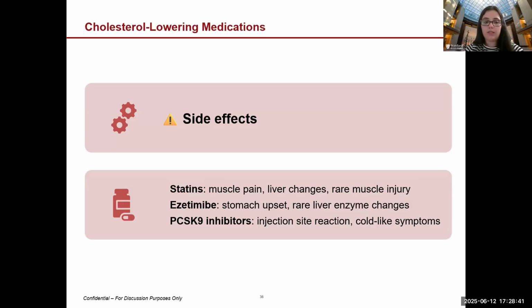And for the PCSK9 inhibitors, they can cause injection site reaction, as well as cold-like or flu-like symptoms. And that's why we actually check the lipid panel when you get started on any of these medications to ensure that they are working to lower LDL, but at the same time, they are not causing any harm.